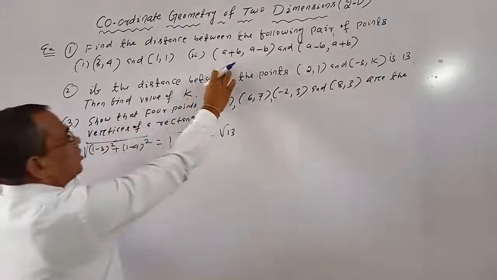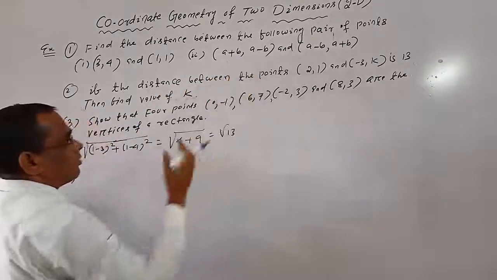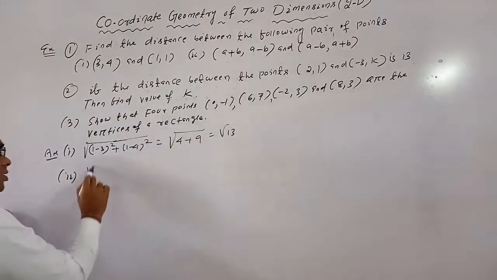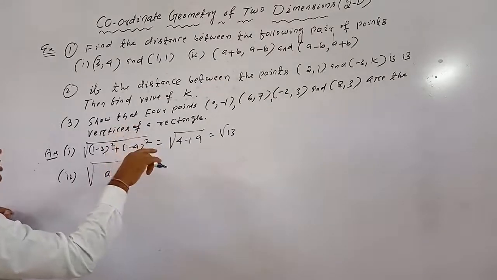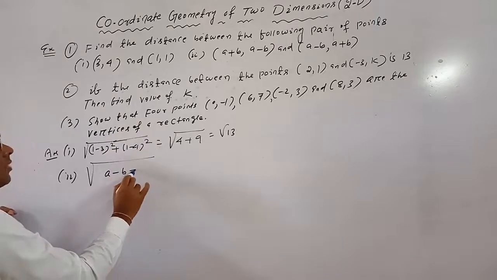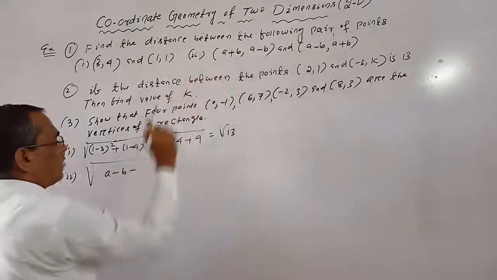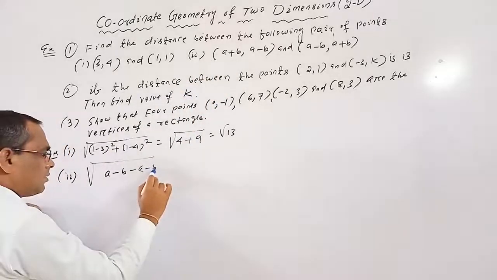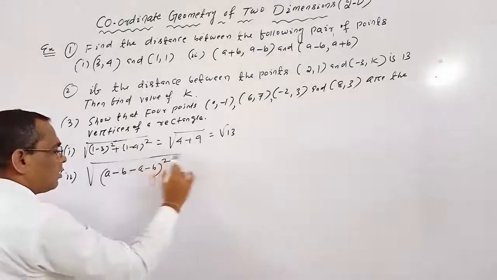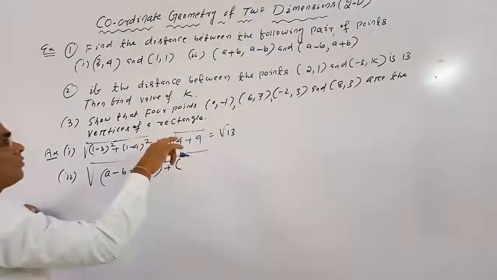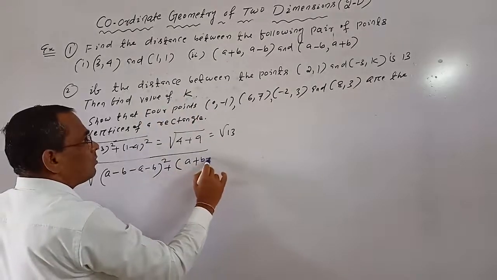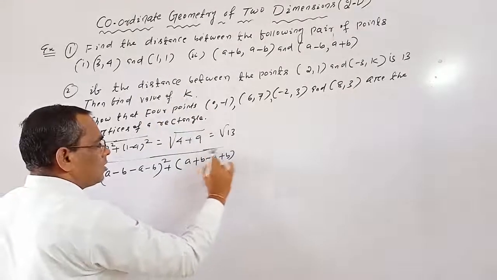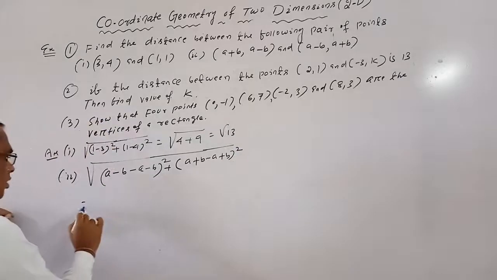Number 2: one point is (a plus b, a minus b), another point is (a minus b, a plus b). That means the square root of the x coordinate difference squared, (a minus b) minus (a plus b), so minus a minus b, squared, plus the y coordinate difference squared, y2 minus y1, (a plus b) minus (a minus b), squared. Do you understand?